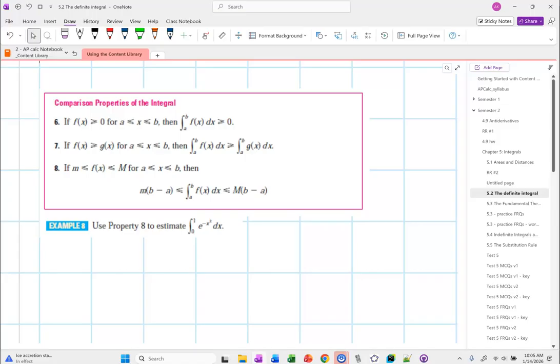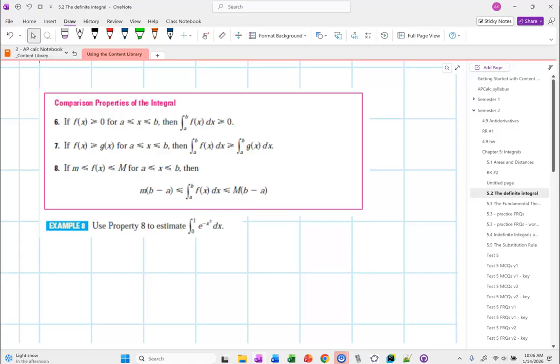Which should make sense. Everybody agree? If f of x is greater than or equal to g of x, which means that f is always above g, if we compute the area under f and the area under g, which one should be bigger? F, because it's taller than g, right?